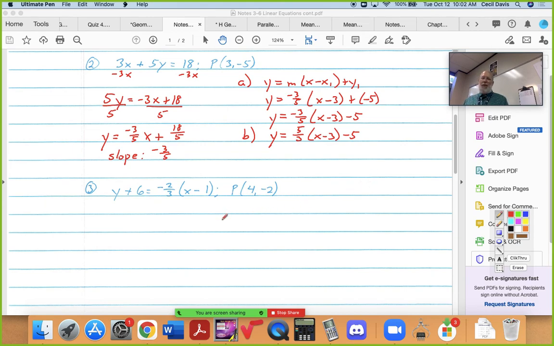Okay, then for number 3, this is in point slope form, or one of the ways you can write point slope. What is the slope on this? Yeah, negative 2/3.